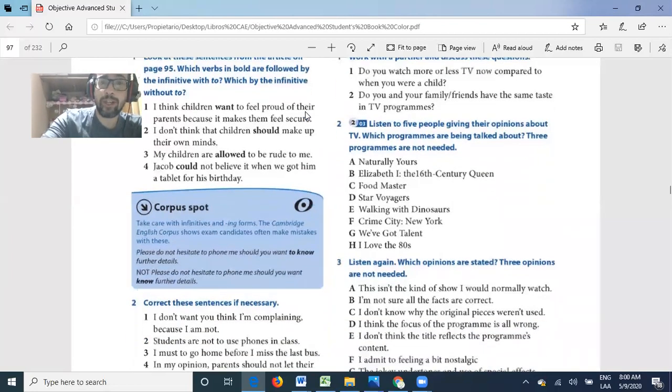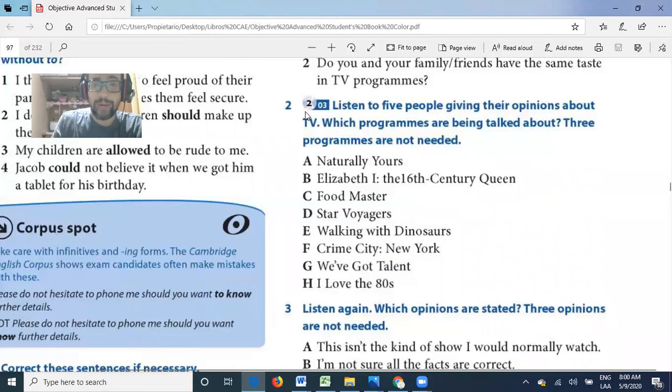And then remember, in the platform, you're going to find track 3 of Unit 15. Very important, it says, listen to 5 people giving their opinions about TV. Which programs are being talked about? 3 programs are not needed. So which of these, from A to H, are the people talking about?